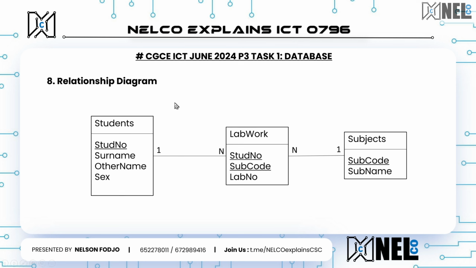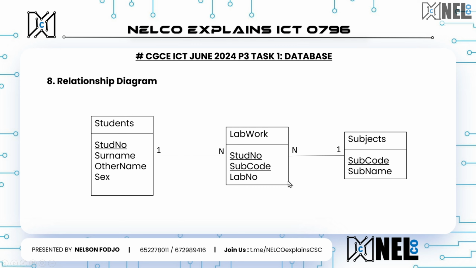When not precise, most of the time it is good to draw this type, which is the relationship diagram directly, where you can see the table names separated from the various attributes of the tables, or the field names, where the primary key is indicated with underline, or you could put an asterisk close to them to indicate who is the primary key. Now you can see the cardinality between the tables, which is the relationship. Here you can see it's a one to many, a many to one, and yeah, this is the diagram required.